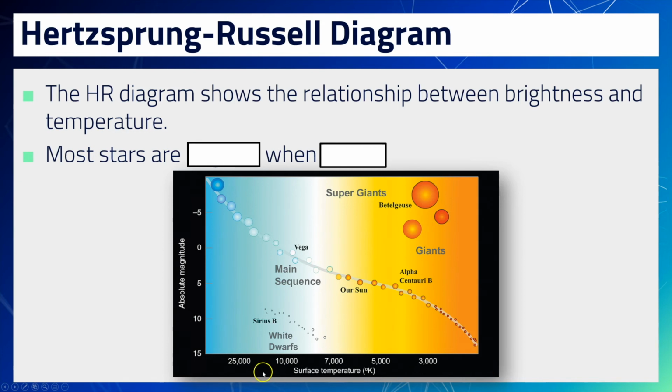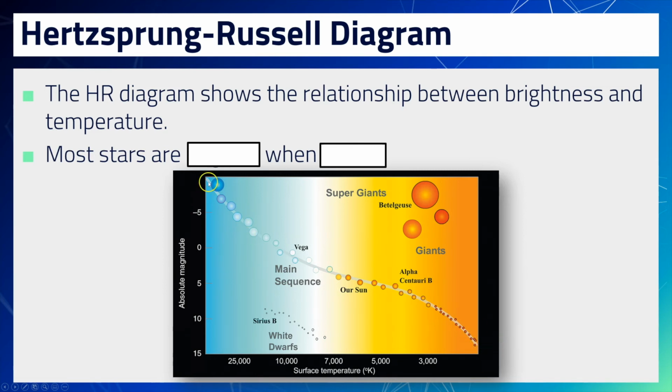But across the bottom, it doesn't go from low to high temperature. It actually goes from high to low. So anything up in this top corner here, they're very bright stars with very hot temperatures. And over the other side here, if you're down the bottom corner here where my mouse is now, these are dim stars with very low temperatures.